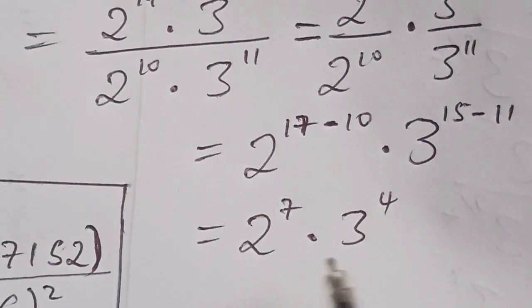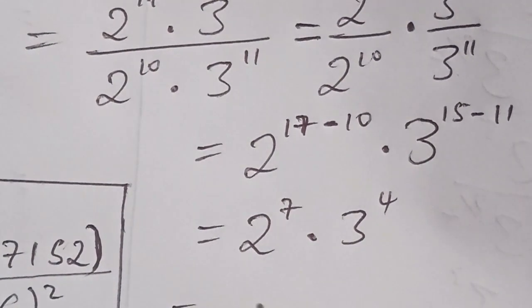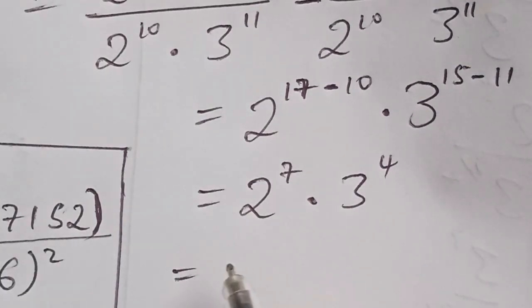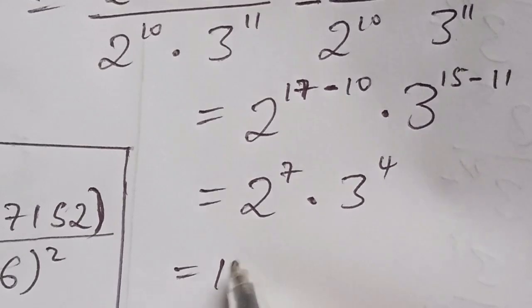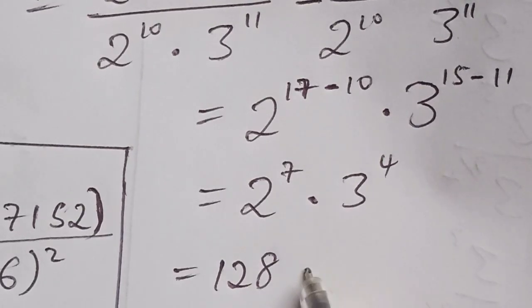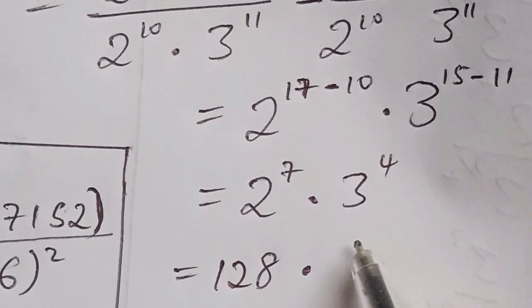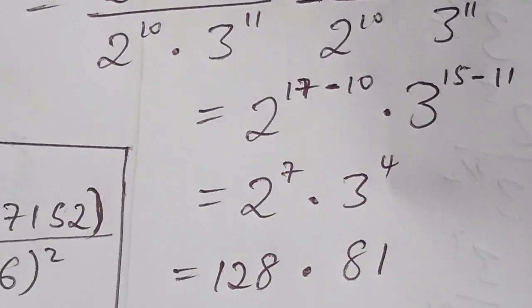This can now be written as 2 to the power of 7, which is 128, multiplied by 3 to the power of 4, which is 81.